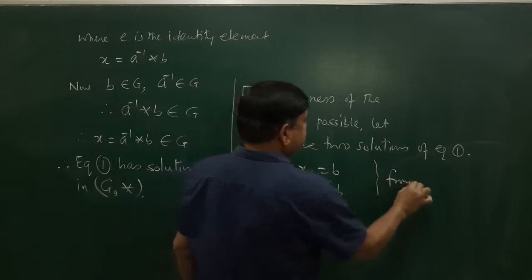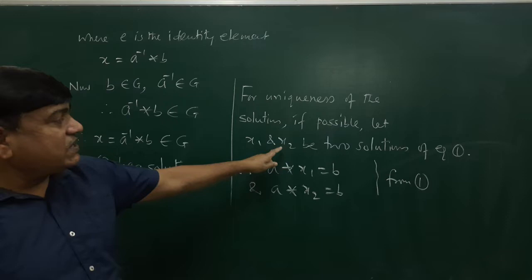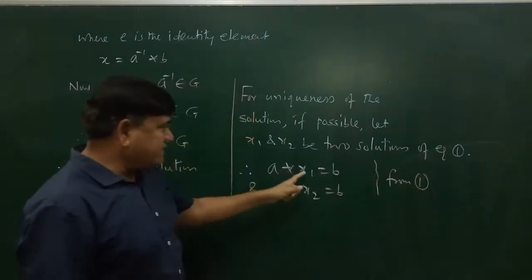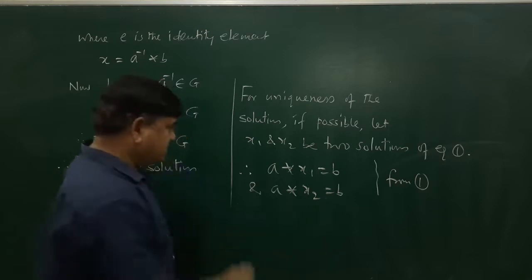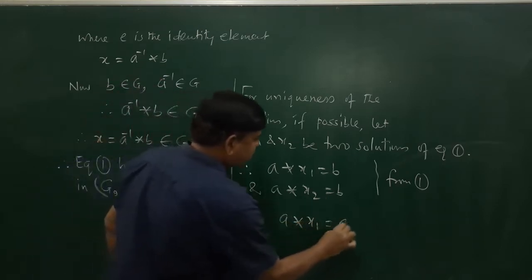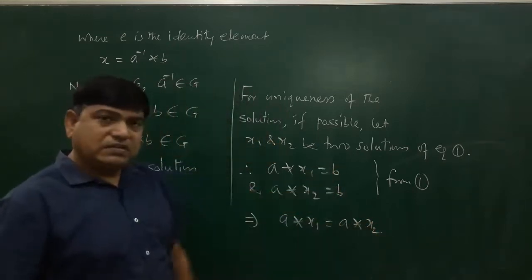From first, we have assumed x1 and x2 be two solutions of first, so x1 and x2 will satisfy this. This implies a asterisk x1 equals a asterisk x2, because this side is equal.